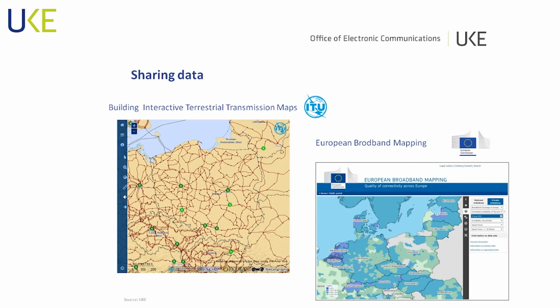Our data collected through the inventory are shared with our international partners, the International Telecommunication Union and the European Commission. These organizations publish inventory data on their own map portals.